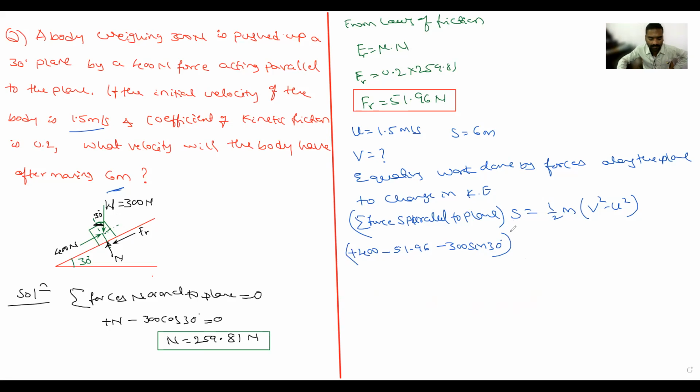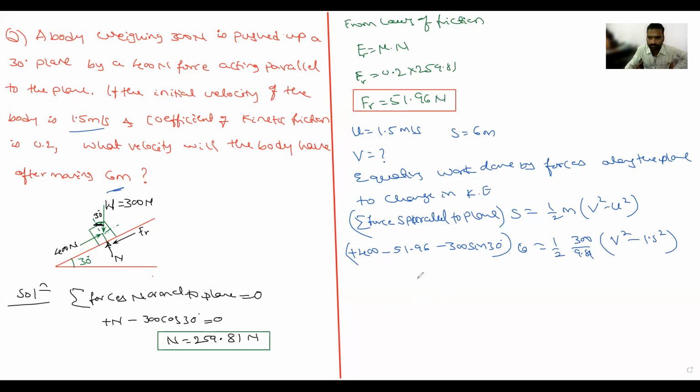Next, into distance. He has given after covering 6 meter. 6 is equal to half, what is m? The body's weight is 300. It is given as weight, I want kg. So 300 divided by 9.81, into V square minus U, which is 1.5 square. I have to determine V. So calculate only the left hand side.